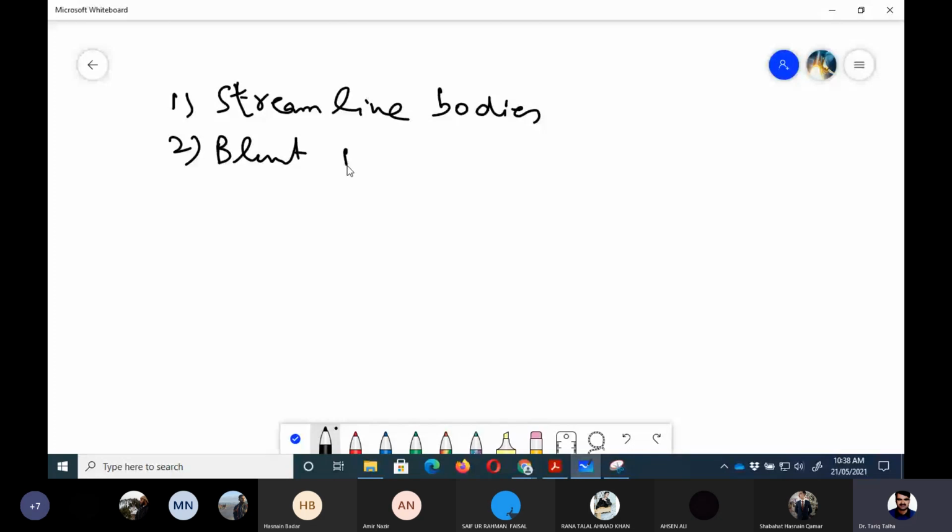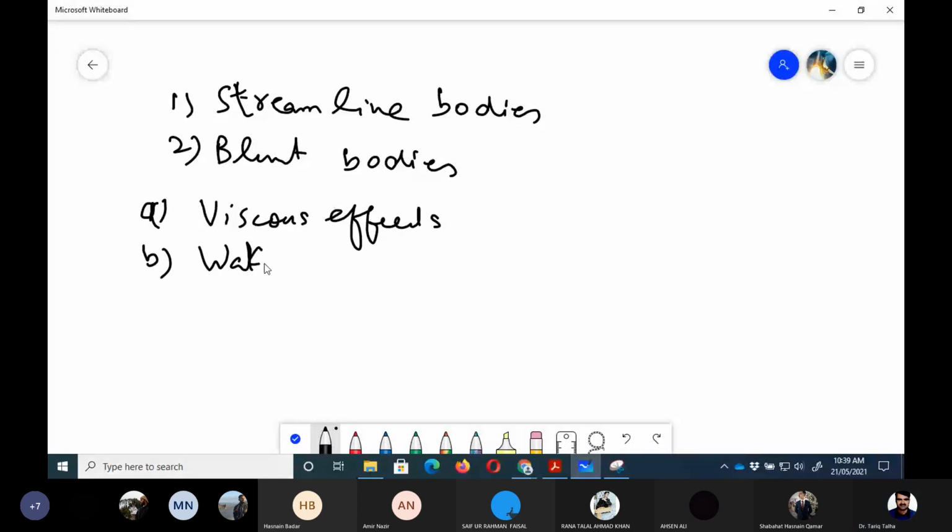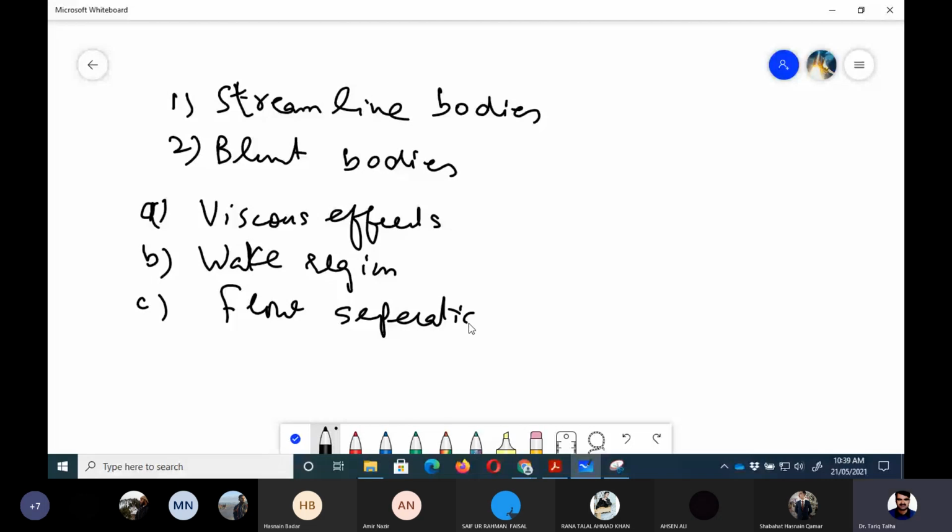In this we are going to discuss certain characteristics: one is viscous effects, then wake region, then flow separation, and fourth one is boundary layer thickness.